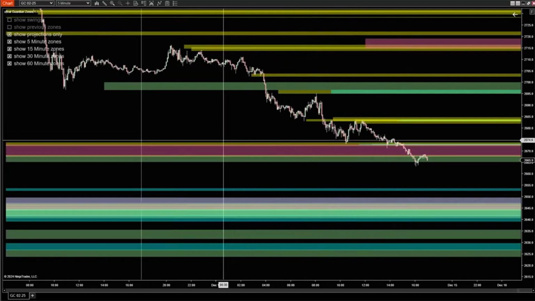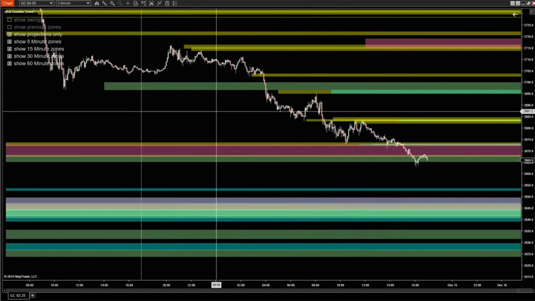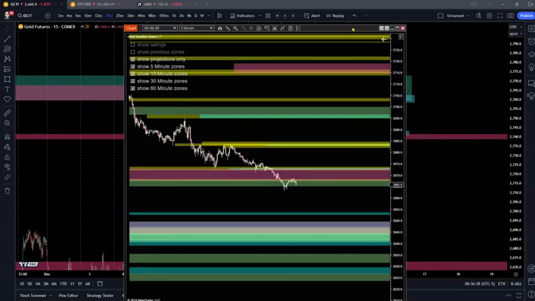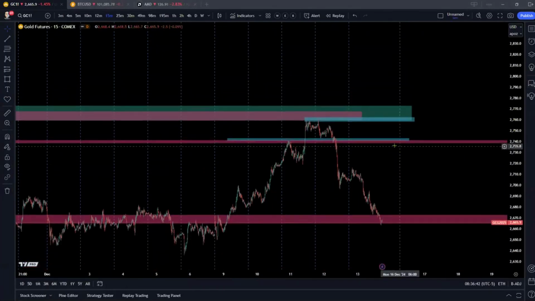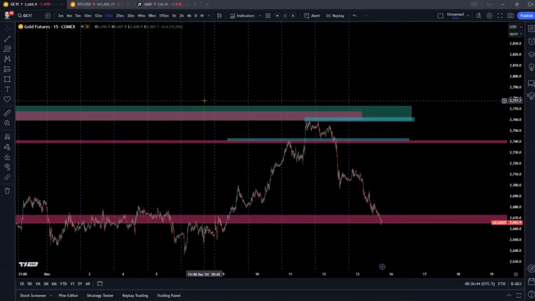Very important. So one thing I've been asked to cover is how to load up an indicator onto NinjaTrader and onto TradingView. So first of all, with TradingView, you don't receive a physical file. What you do is you receive a request to give your username, okay?